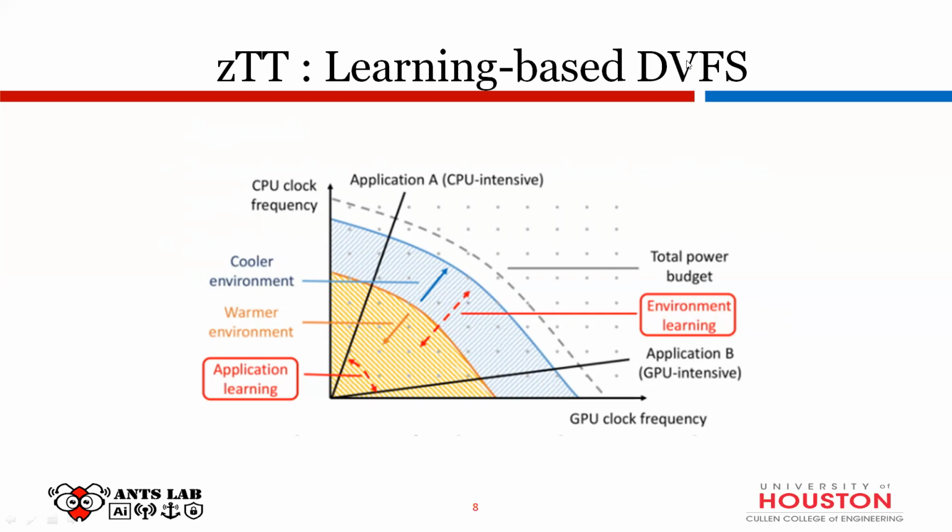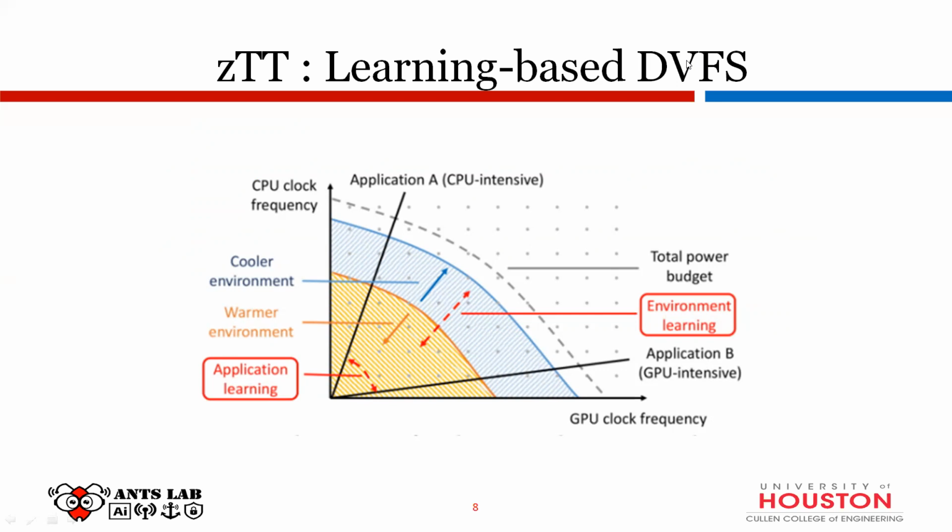As in the graph, a warmer environment usually has lower frequencies, because they cannot reach too high, or the temperature would be too high. If you're in a cooler environment, the CPU and GPU frequencies can afford to go a bit higher than usual.